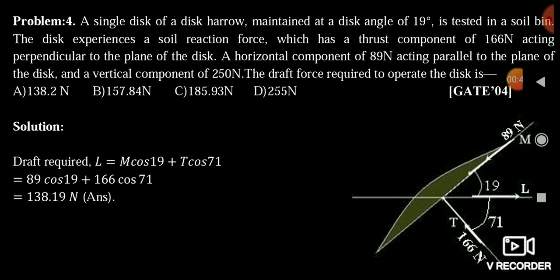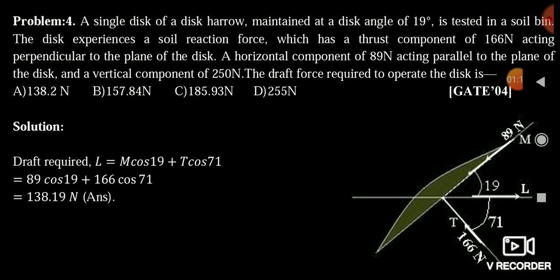And friends, it is saying that vertical component is 250 Newton, and it is asking about the draft force required to operate the disc. Friends, all of you know that draft force is simply the horizontal component of pull that is acting in the direction of travel. Here you can see that I have represented L, line L in the direction of horizontal.